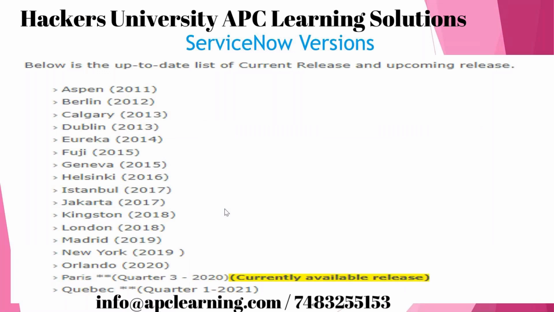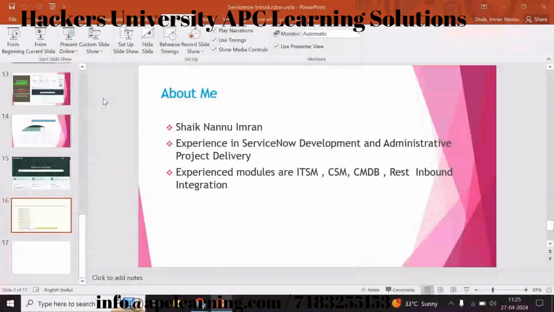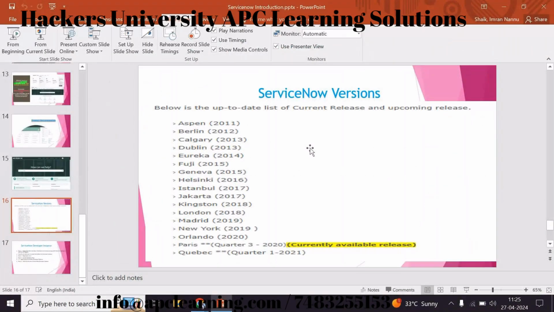And if you see, ServiceNow started in 2004. From 2004 to 2011 it was the Aspen version. Then from the Aspen version onwards, two times per year they upgrade their versions. And now we are working with Washington DC, where for each and every version they upgrade their features.